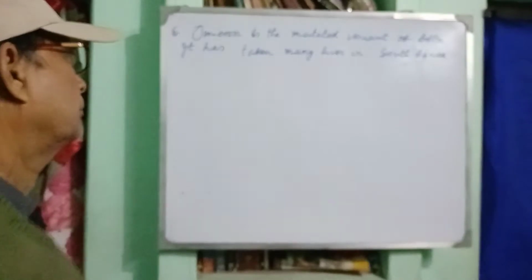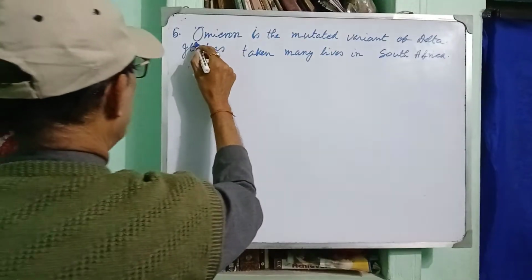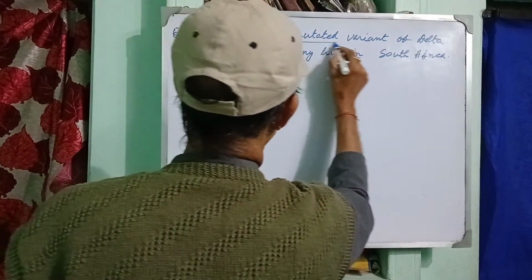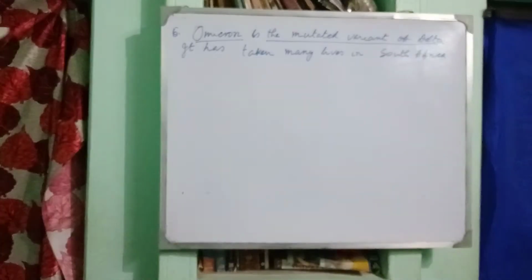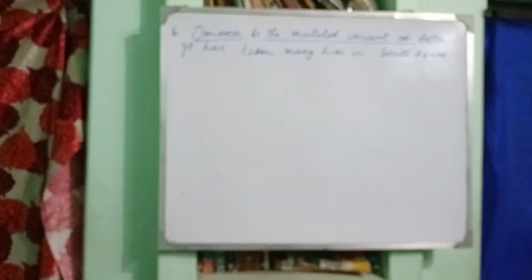Full stop. You see that Omicron and the mutated variant of Delta are the same thing.